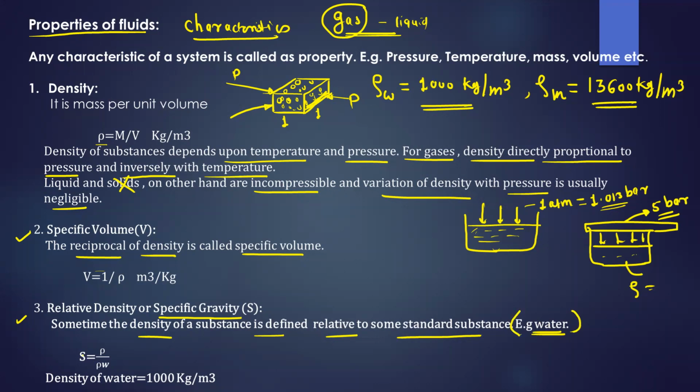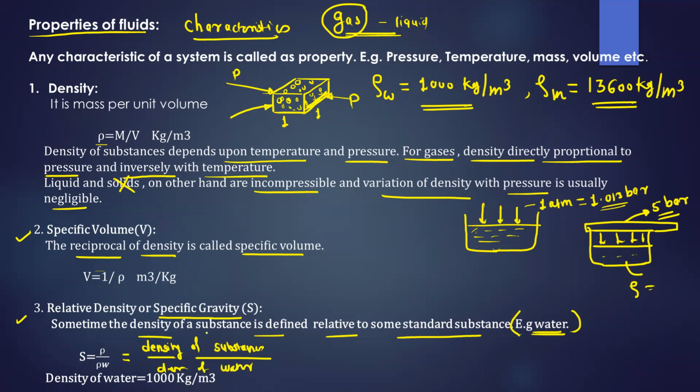Specific gravity is represented as S, which is equal to the density of any substance or fluid upon the density of water.